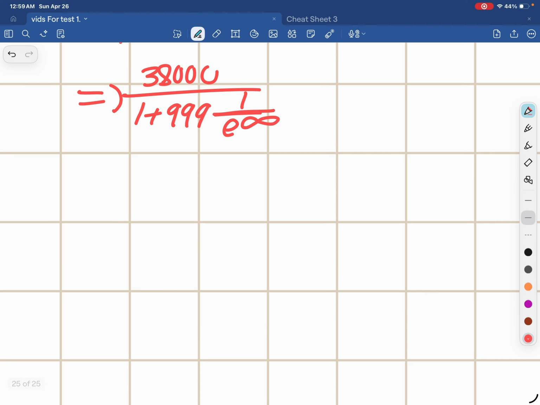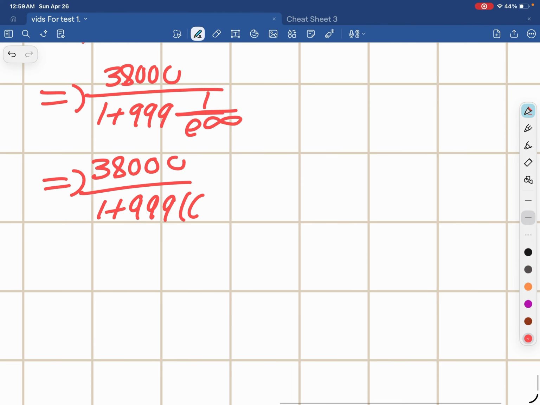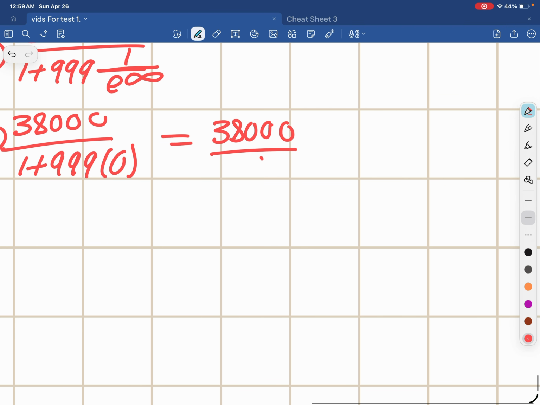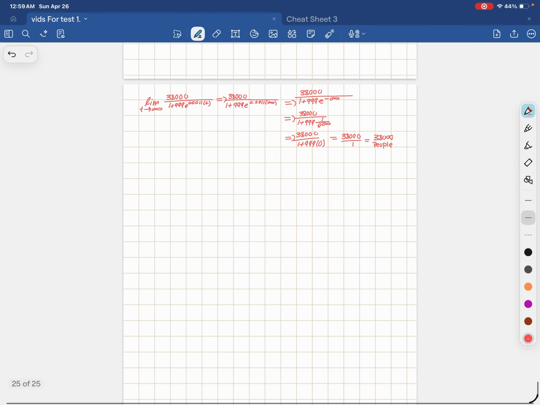Now, we can write this as 38,000 over 1 plus 999 to the 0, which will give us 38,000 over 1, which is also equal to 38,000 flat. And that's going to be people, the maximum that we'll ever see with this virus. And so that will be the HA.